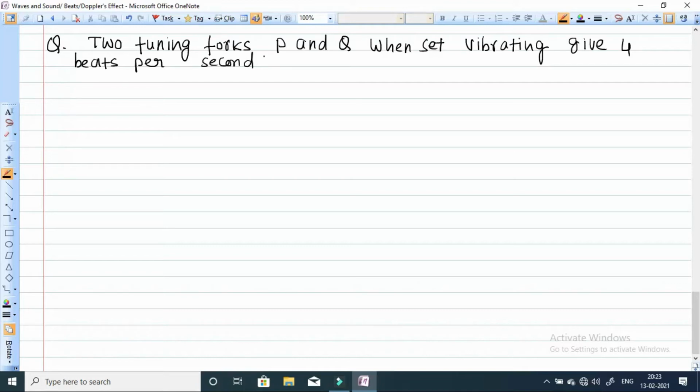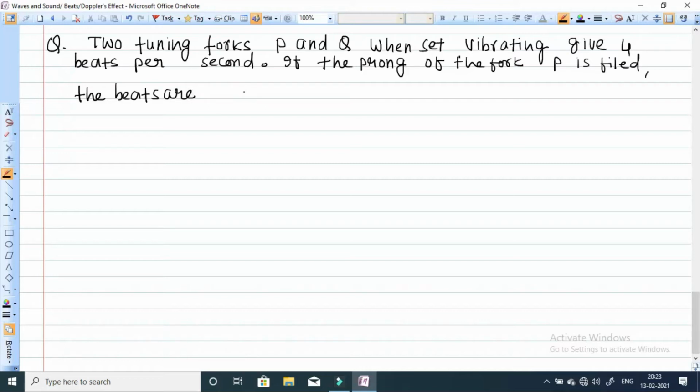If the prong of the fork P is filed, the beats are reduced to 2 per second.